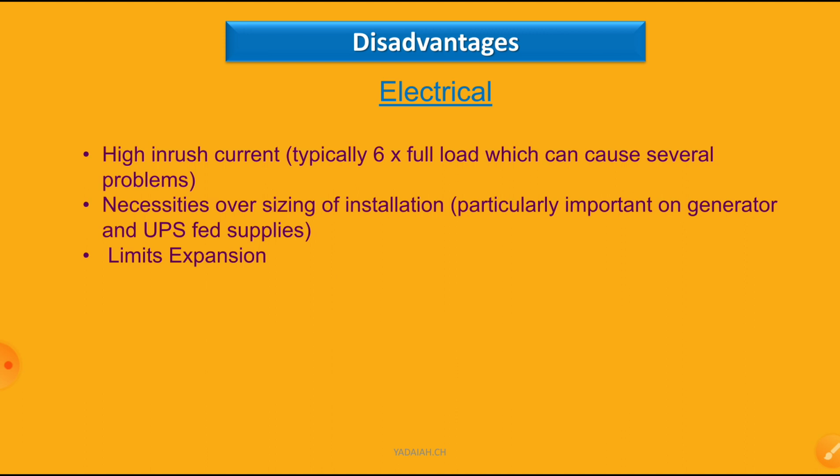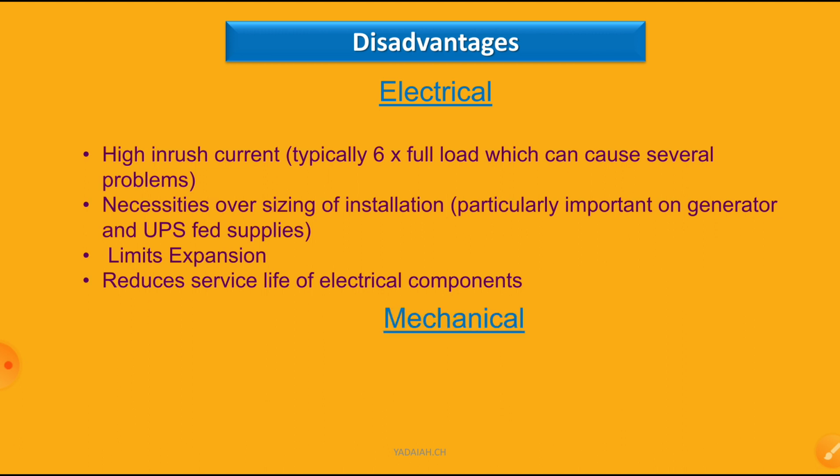And third one is limits in the expansion. We cannot expand during this, up to 5 HP only. And the last one is reduced service life of the electrical components due to the high current. The stress developed inside is more, so the life of all components decreases from the electrical point of view.